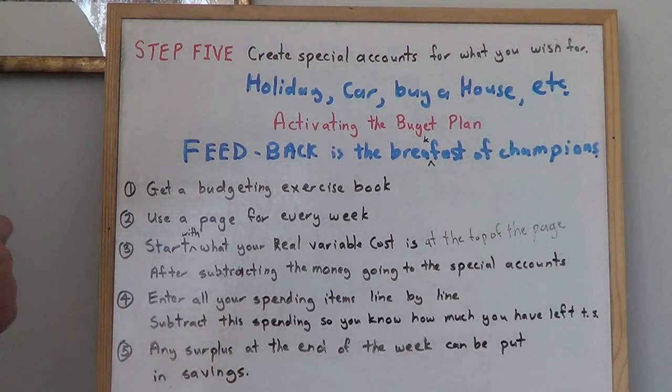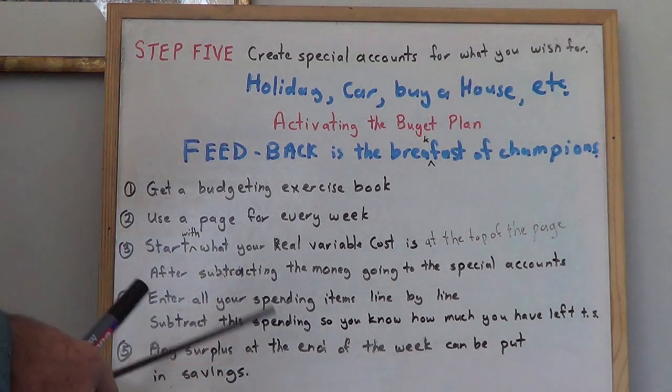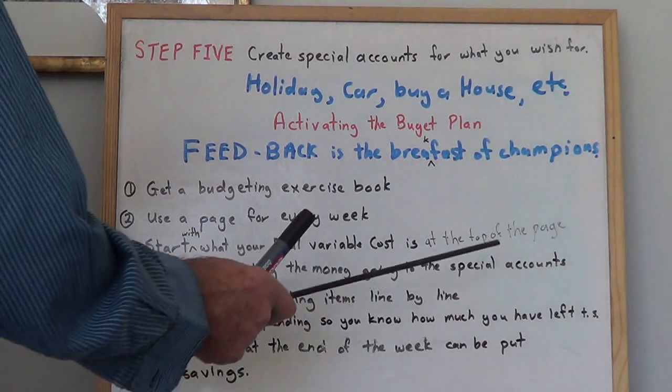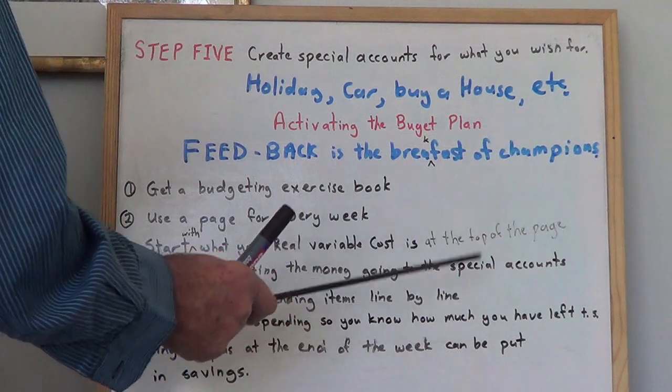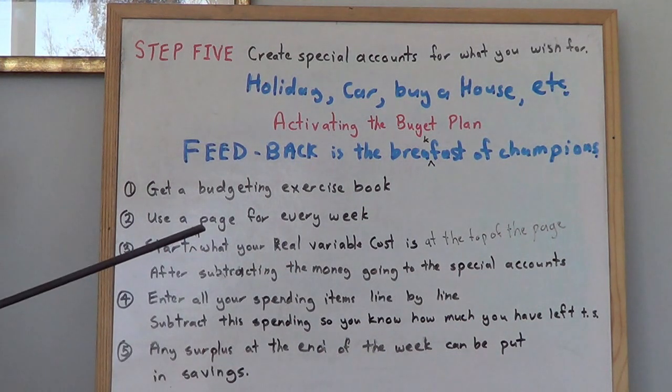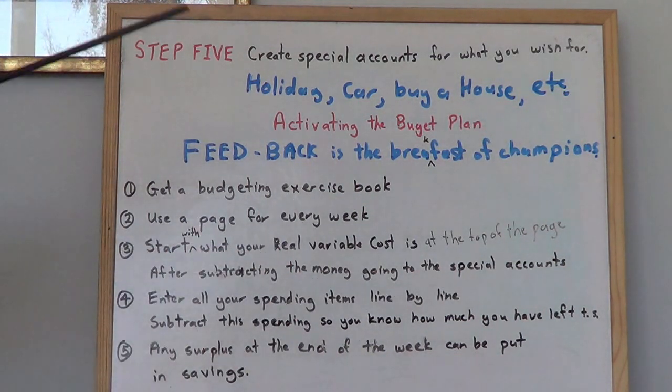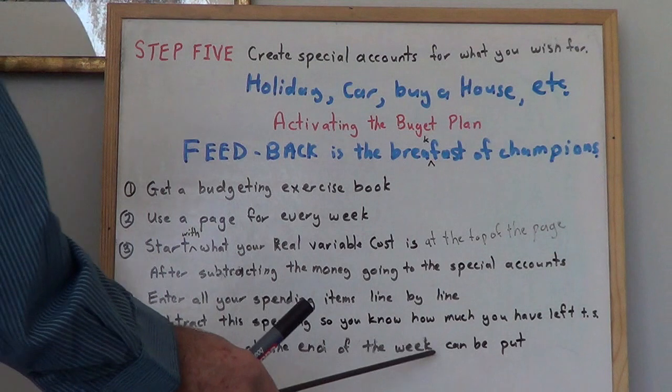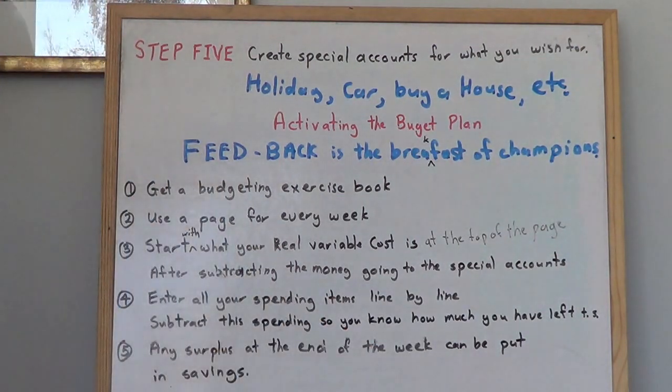What you do, as you get an item of spending, you subtract it from the variable cost at the top of the page, and you'll get a running cost. And you just keep subtracting your spending, and you'll watch the amount you can spend go down, so that there's a limit on your spending. Limit your spending. Now, any surplus at the end of the week can be put in savings if you want.